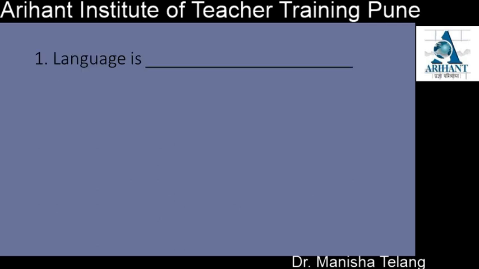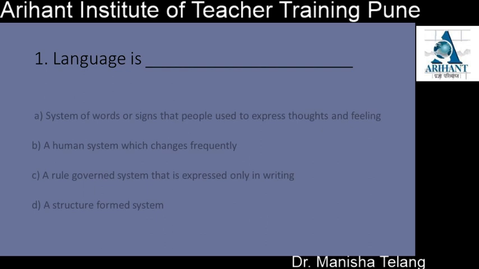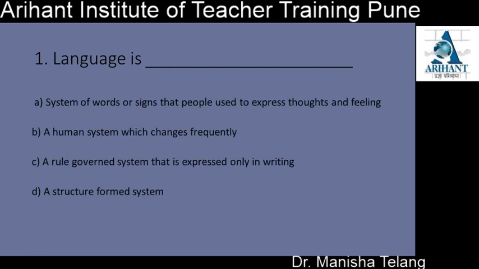Language is, options are: option A, system of words or signs that people use to express thoughts and feelings. Option B, a human system which changes frequently.